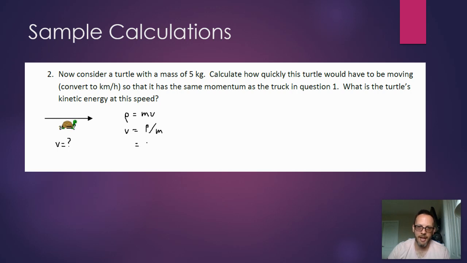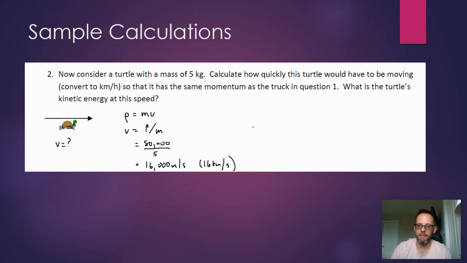Let's take that 80,000 kilogram meters per second. The turtle has a mass of 5 kilograms, so that's 16,000 meters per second. I said convert it to kilometers per hour, but I mean, that's 16 kilometers per second. That's extremely fast to have that same momentum.